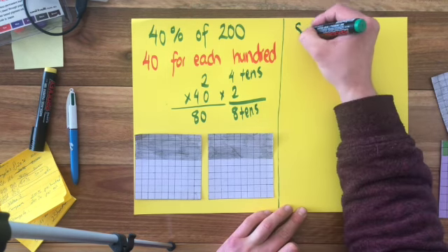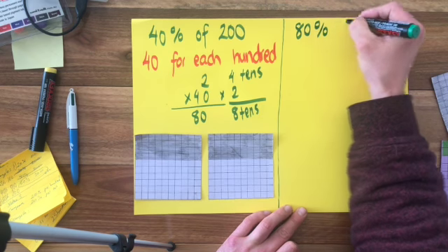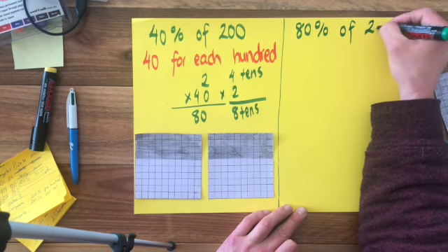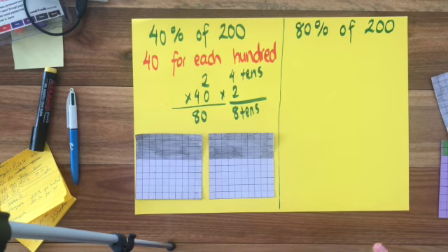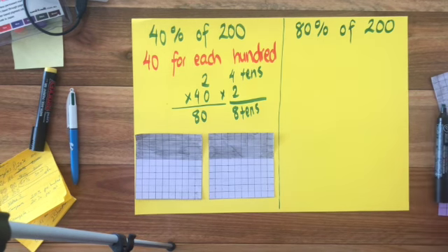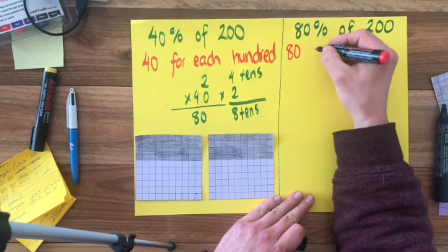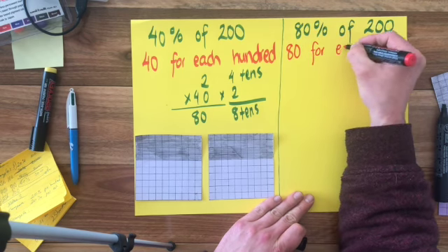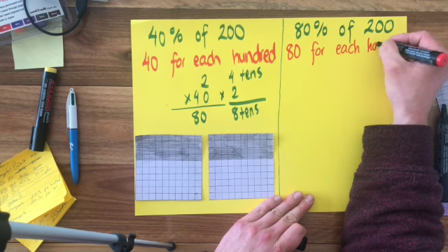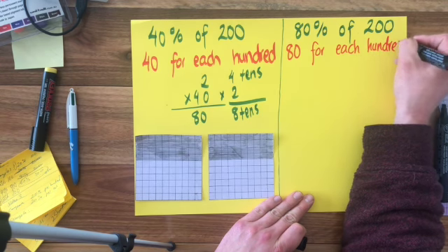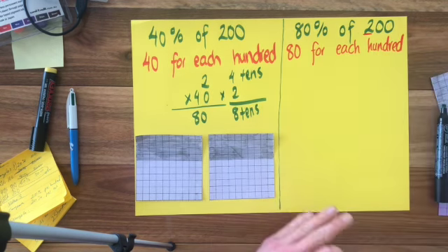My next example is 80% of 200. So what does percent mean? Well, 80% means 80 for each 100 or per 100. I've got 200s.